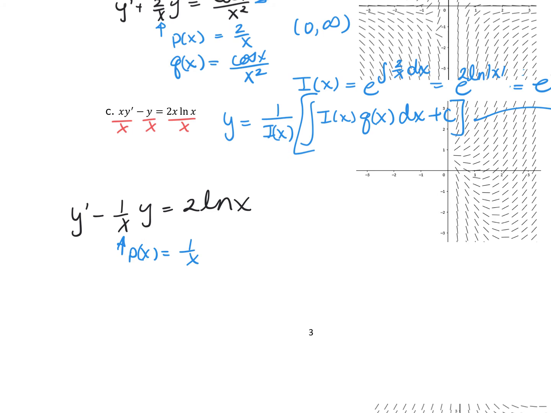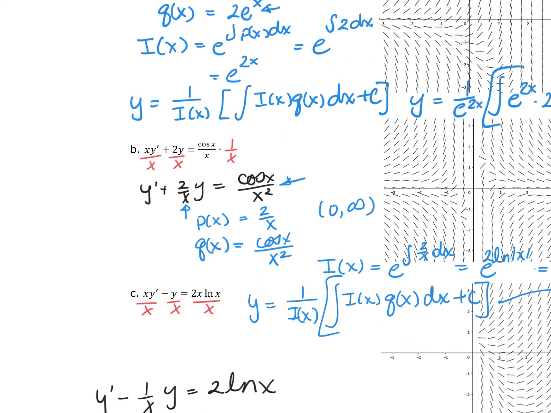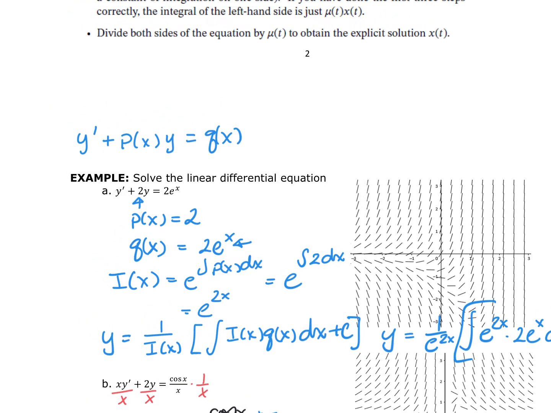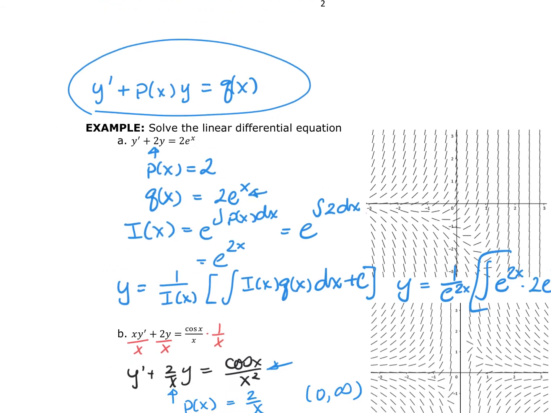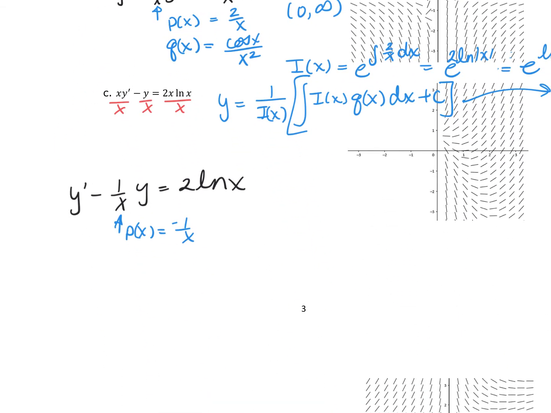Actually, I'm going to choose negative 1 over x. The reason I'm going to choose a negative 1 over x is because I'm going to go back and say, remember how it's supposed to be like this, where I've got y prime plus p of x, y, equals q of x. So I'm going to let p of x equal negative 1 over x.